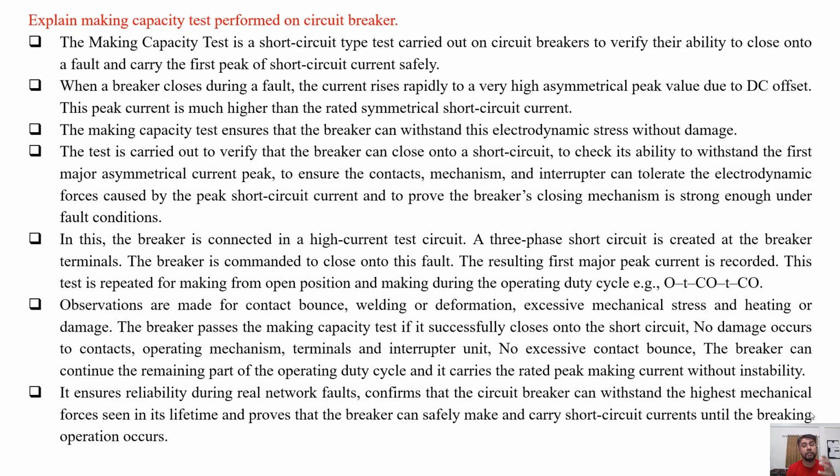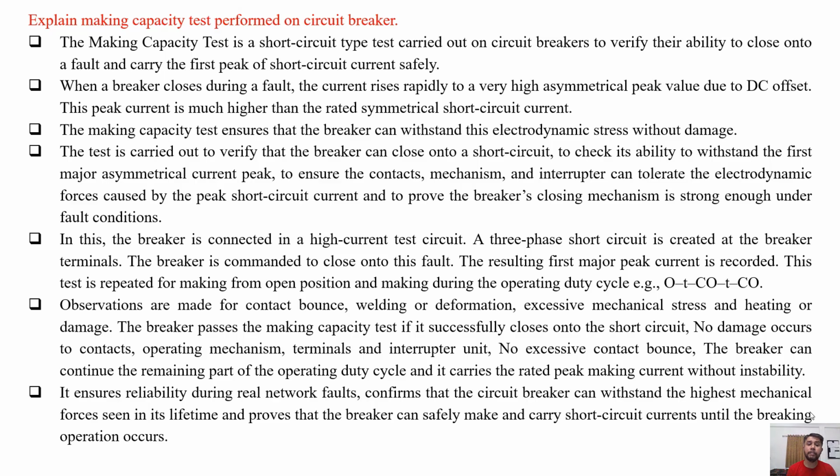This test is repeated for making from open position and making during the operating duty cycle, that is open, time delayed closing operation followed by opening, again time delayed by 3 minutes, and closing followed by the opening operation.